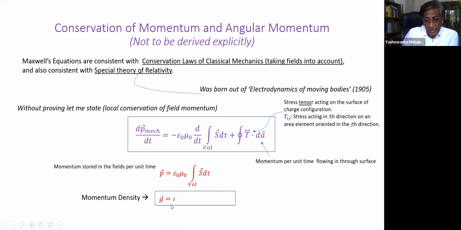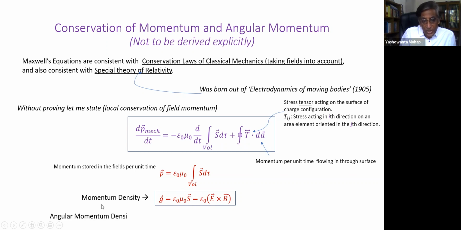In Griffiths' notation, it is g equals epsilon naught mu naught S. That is this over volume. So if I take momentum per unit volume, then this becomes epsilon naught mu naught S, which is epsilon naught E cross B, because S is 1 by mu naught E cross B, so mu naught cancels. So g, the momentum density, is epsilon naught E cross B. Simple enough.